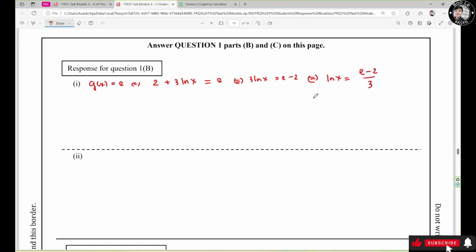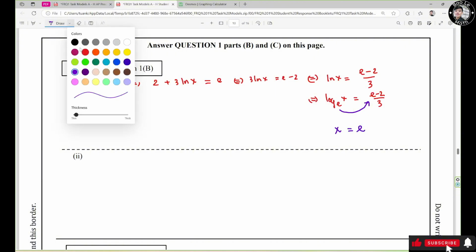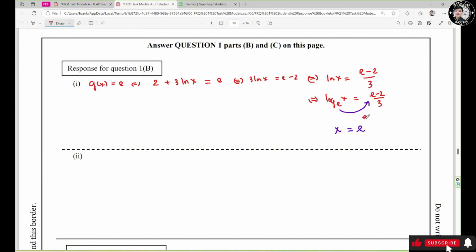And then natural log of s is the same thing as log base e, right? So we just write log base e of s like this equals (e minus 2) over 3, right? Now you just draw the arrow like this, right? So you have s equals e raised to the (e minus 2) over 3, right?